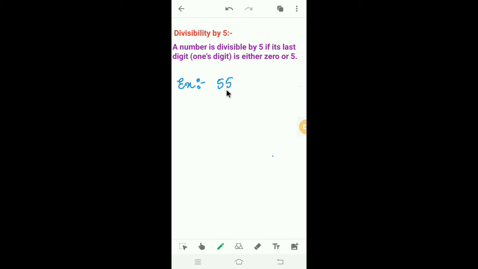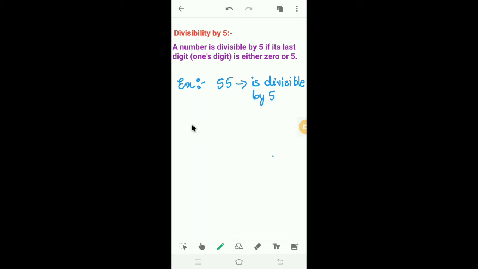Here we have to see the last digit. The last digit is 5. What is the rule? A number is divisible by 5 if its last digit is either 0 or 5. So here the last digit is 5. So 55 is divisible by 5.